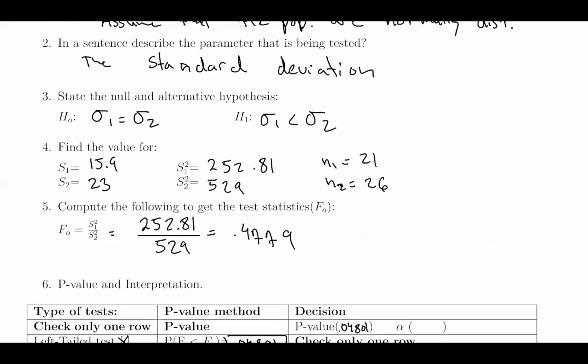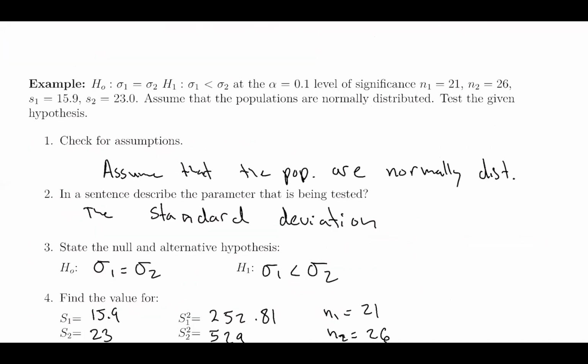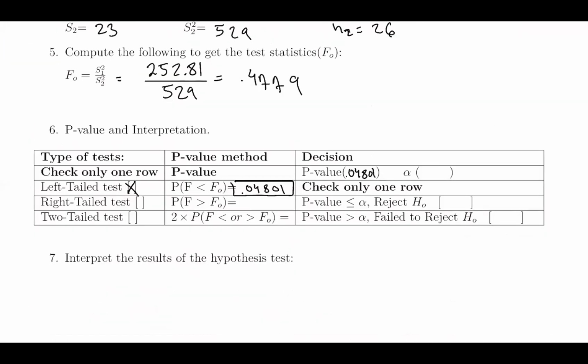All right. So if you look at it, well, they didn't give me an alpha. Oh, sorry, they did give me an alpha. Alpha is 0.10. There you go, 0.10. If you look at alpha and p-value, alpha is clearly bigger than p-value. So you want to reject the null hypothesis.